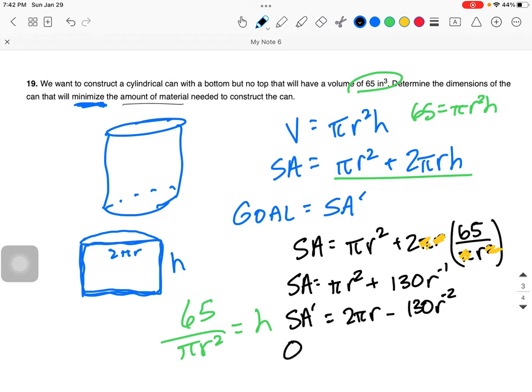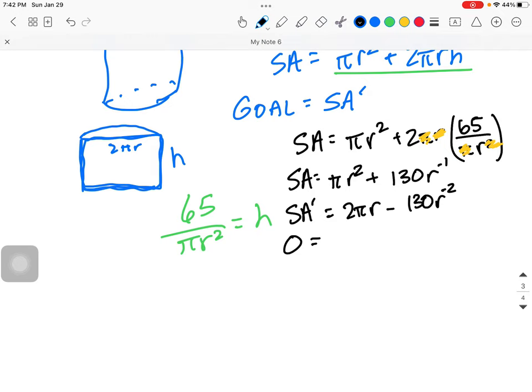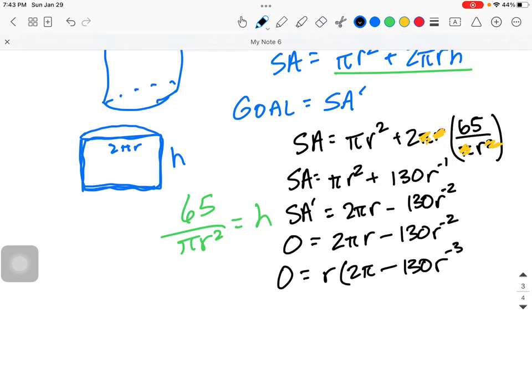And if I set this derivative equal to 0 to determine the maxes and the mins, let's see if we can crank some of this out. So if I pull out, let's see, an r, I'm going to have 2 pi minus 130 r to the negative 3.